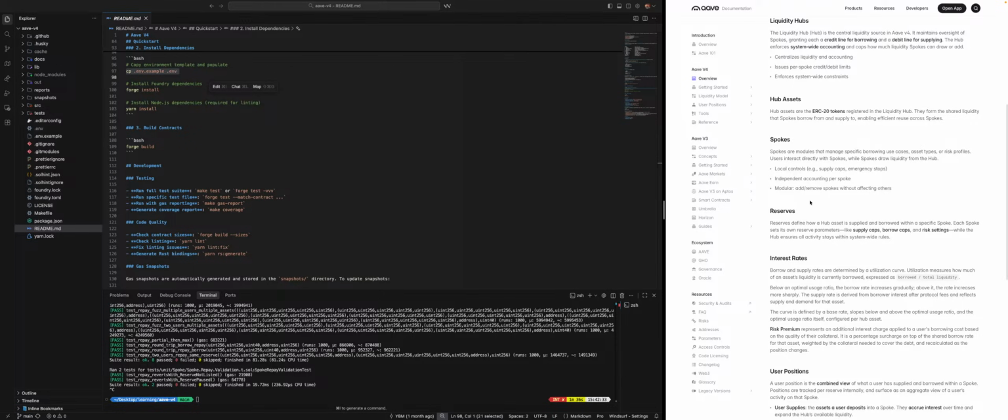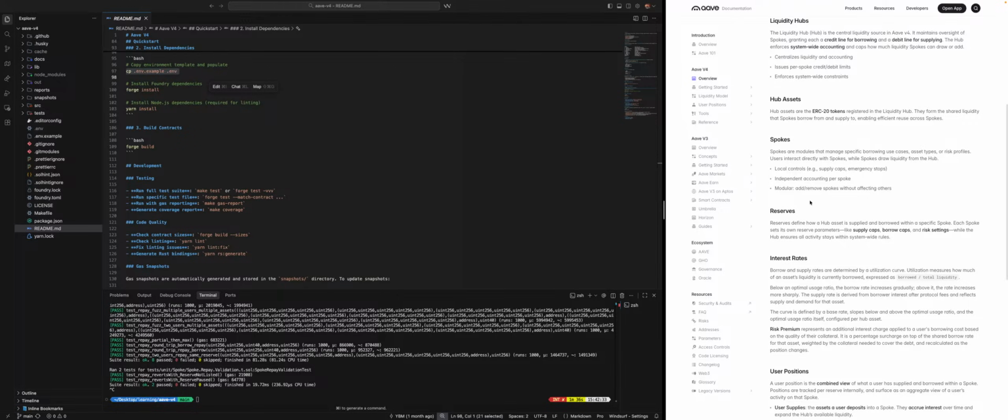And spokes are modules that manage specific borrowing use cases, asset types, or risk profiles.